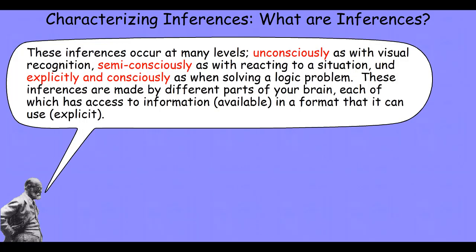Let's go back and think about that finding your friend on the quad example. Unconsciously, your visual system has access to information about the environment because light that is reflected and projected from the visual scene falls in the back of the eye, and the photosensitive cells at the back of the eye then transform that information into neural signals. That information has now become available.